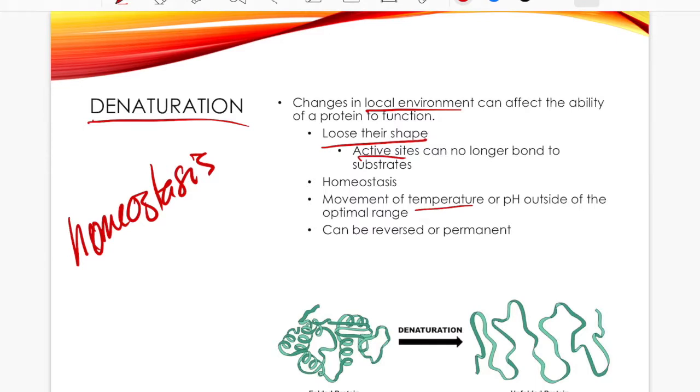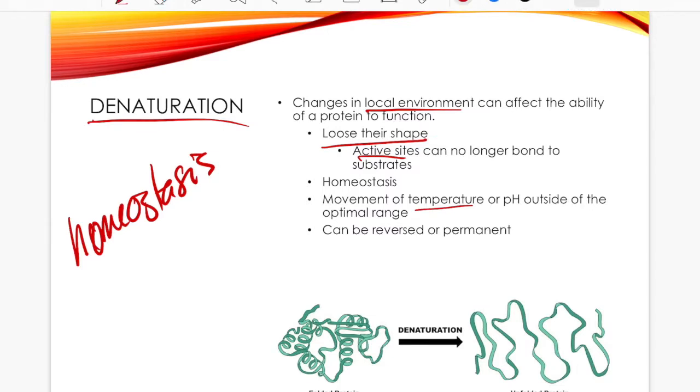However, it can be permanent. If the temperature goes too high, it changes the bonds between the polypeptide strand, and they can't go back to the way that they were before. An example of this would be an egg.